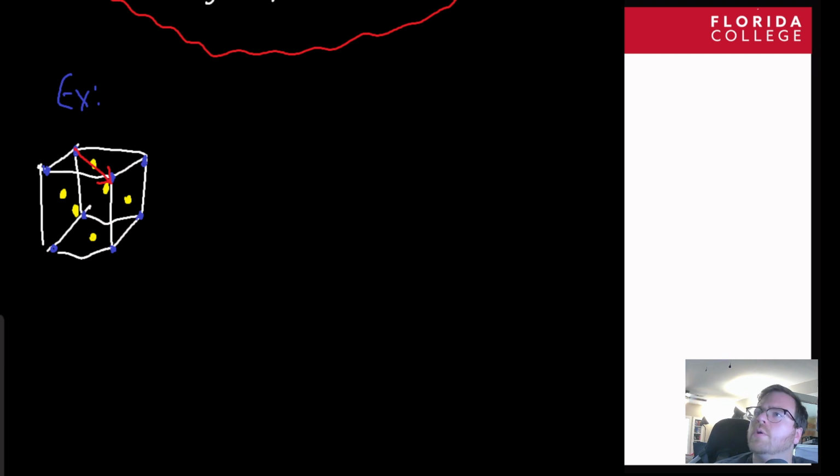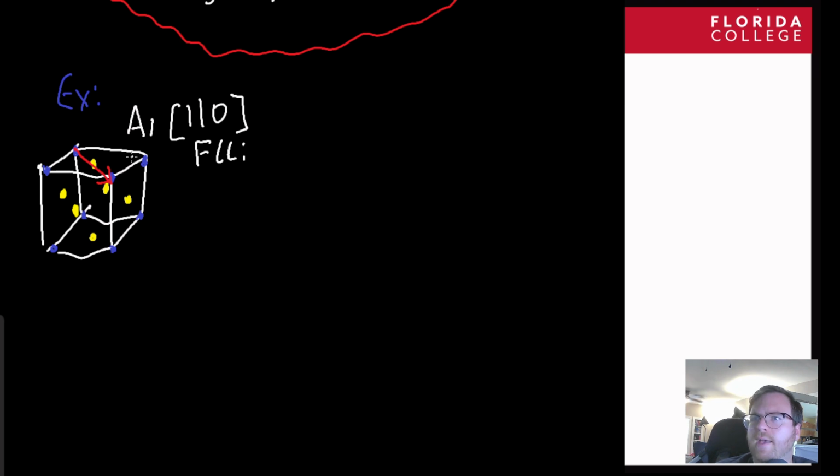So for FCC, and this is going to be actually aluminum, just to make it a little bit more real. And we're drawing this vector. You can think about for a minute what this vector is. It's actually the 1, 1, 0 vector.